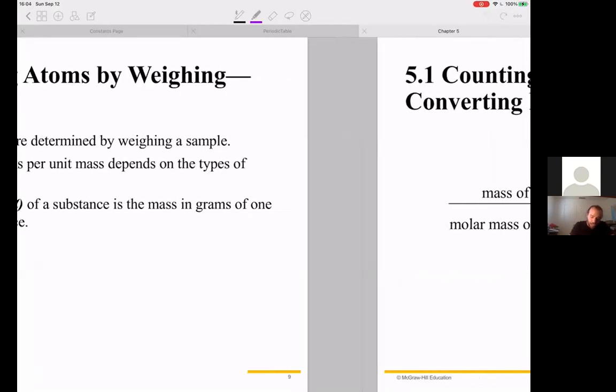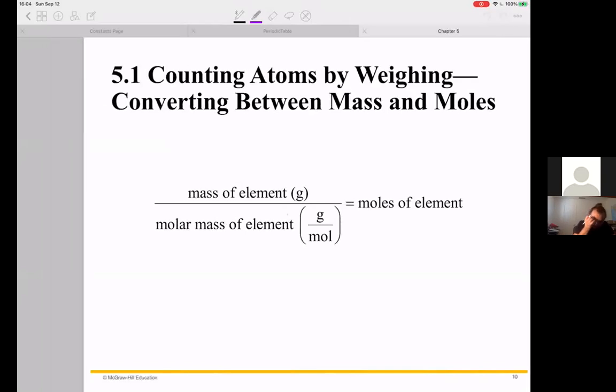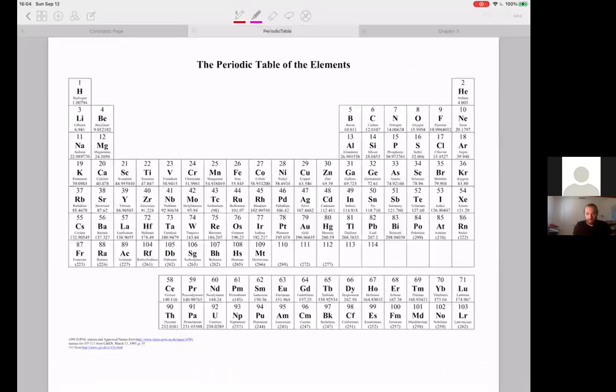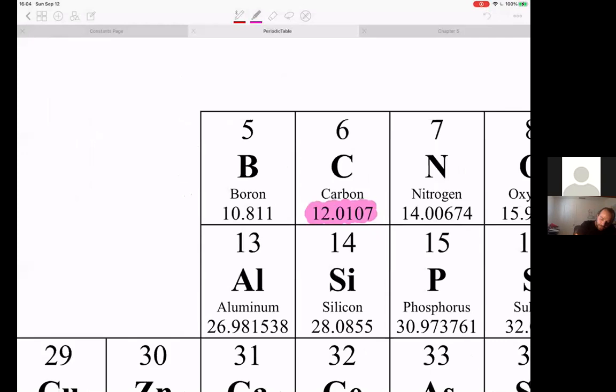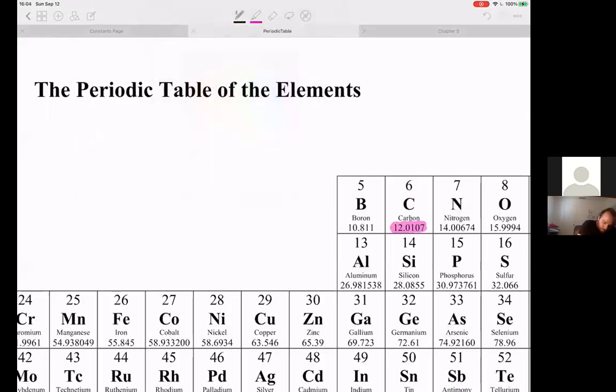But yeah, actually, even easier than this, let's just say, this is information that we get from the periodic table. If we zoom into carbon here, we talked about how this number right here represented its average atomic mass, okay? It actually also has another meaning, which is the molar mass. What does that mean? Well, it turns out that 12.0107 grams of carbon is the same thing as 1 mole of carbon. All right, so those numbers on the periodic table represent the average atomic mass. We talked about what that is.